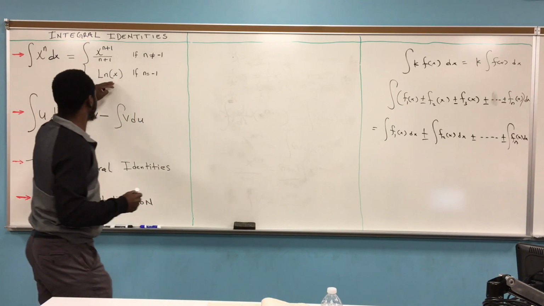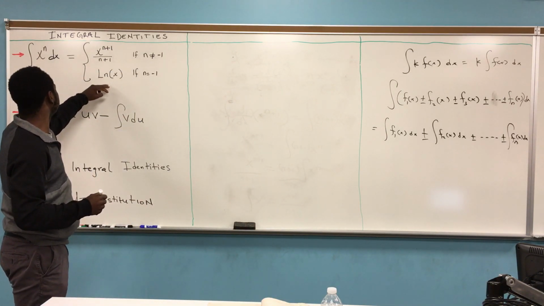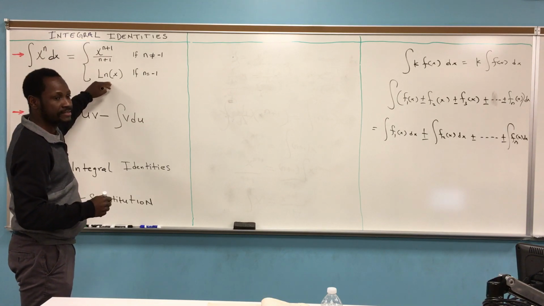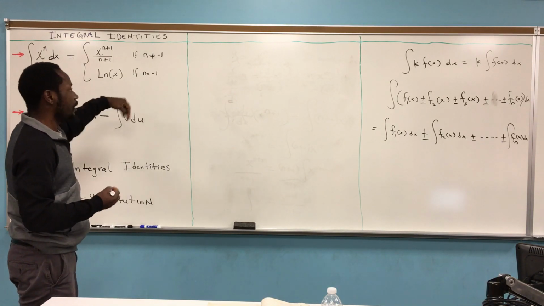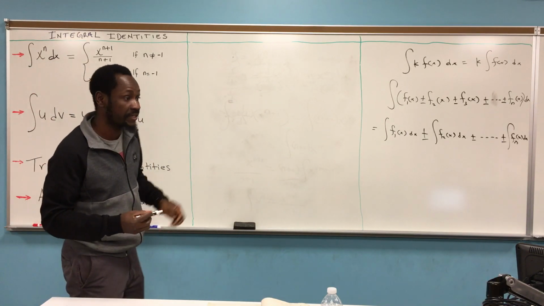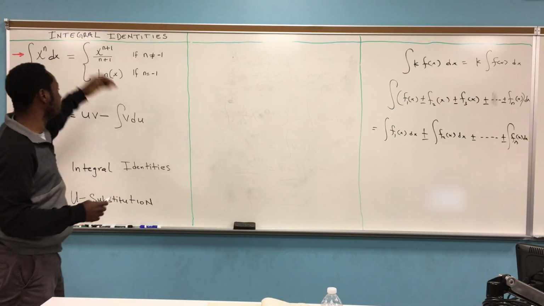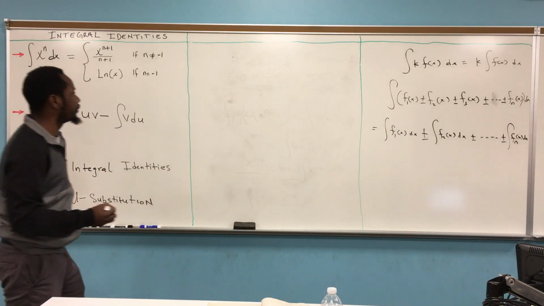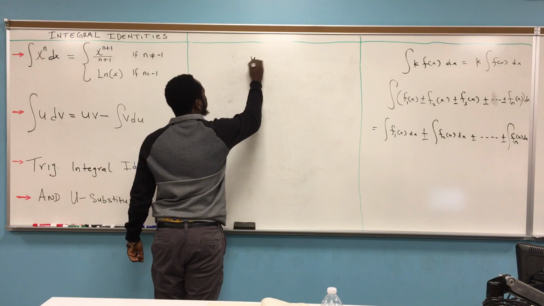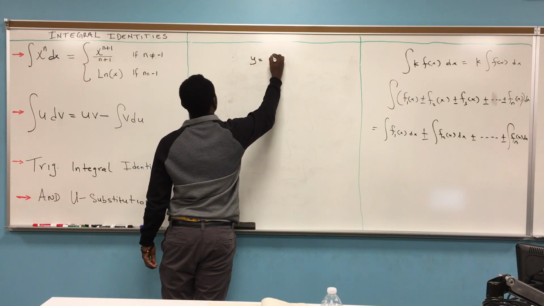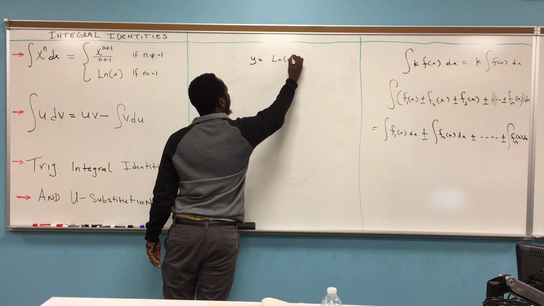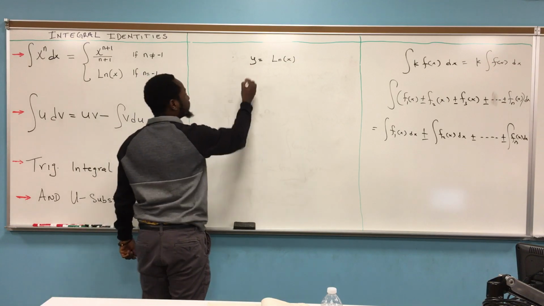So let's just try to find this. Let's show that this is true. I'm just going to show it by taking the derivative of this to see if it will return here. So if y is equal to natural log of x, then let's find the derivative.